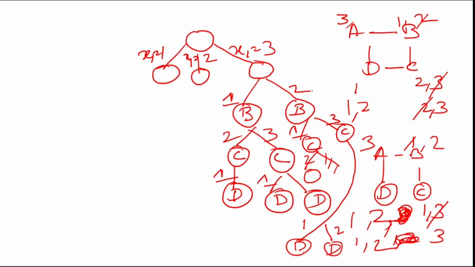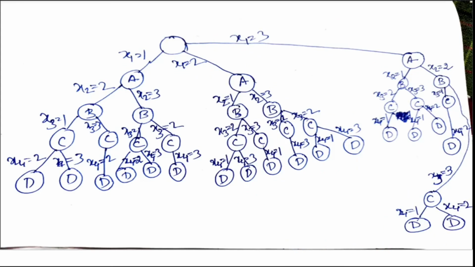Now if you finally see the things, it will look like this. Okay, so this is the state space tree. So what is the solution?